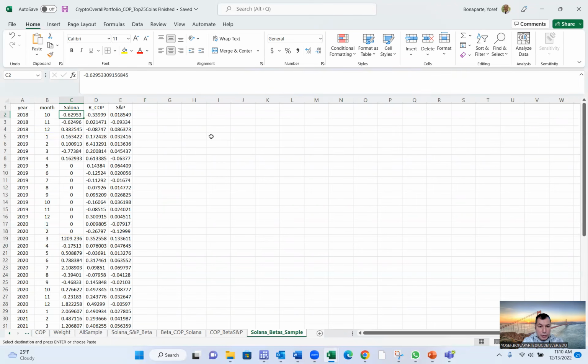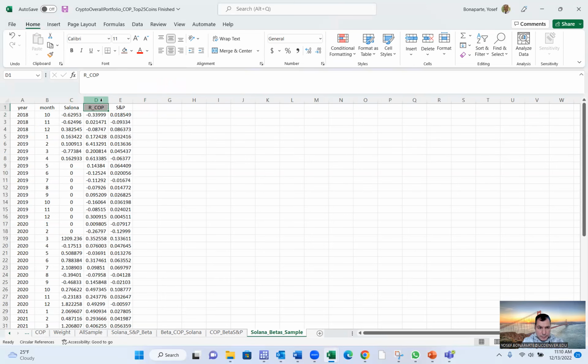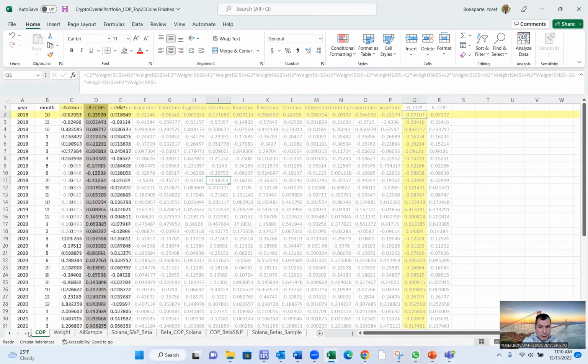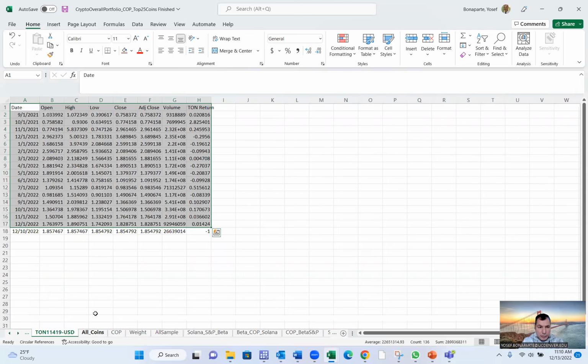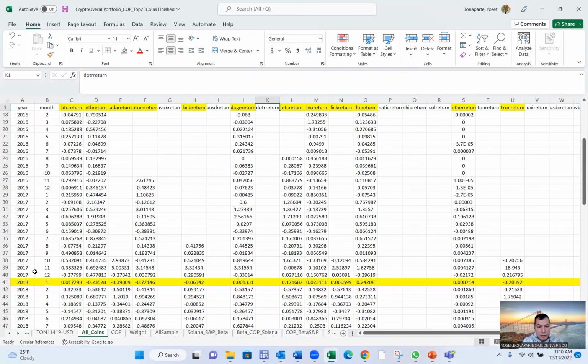Before we go there, I'm going to explain how I calculated this portfolio. I got 25 crypto coins and put them in one Excel spreadsheet, and then I looked at the sample selection: all the coins that have data before January 2018.